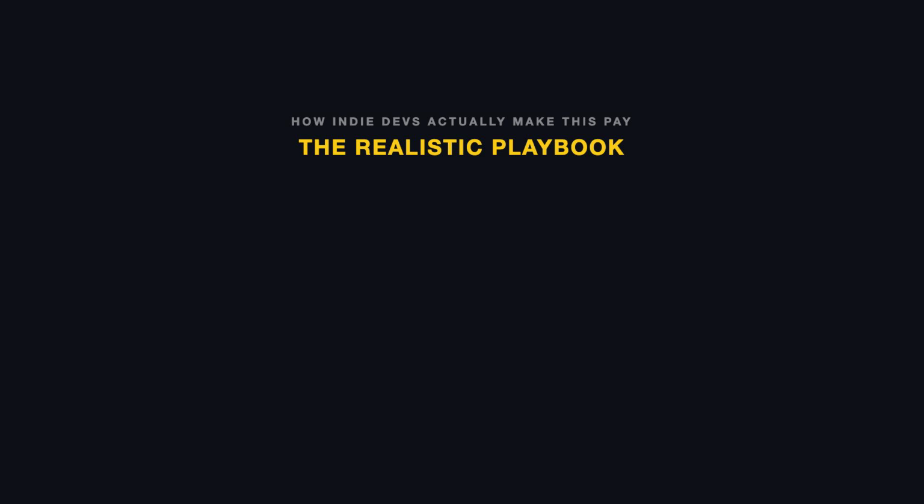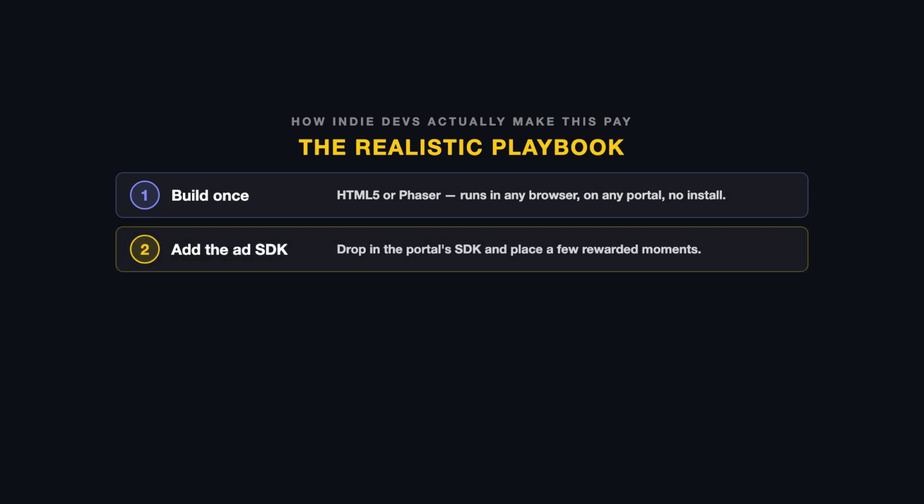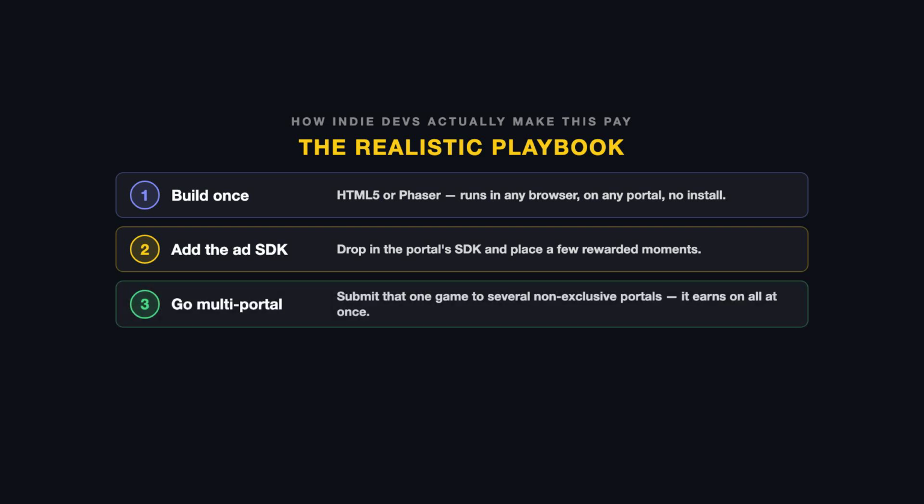So here is the realistic playbook, how indie devs actually make this pay. Step 1. Build once, in HTML5 or Phaser. It runs in any browser, on any portal, with no install. Step 2. Add the portal's ad SDK, and place a few rewarded moments, a revive, a double reward, a continue.